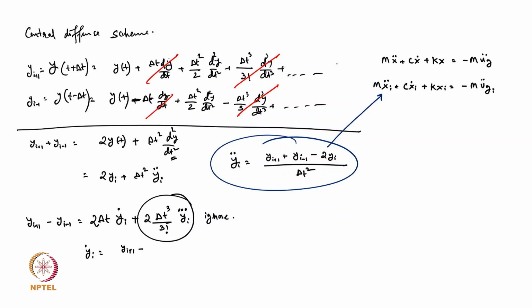Like here also, after that the terms will keep coming. In the first case, all the even terms will be there, and here all the odd terms will be there. So you have to truncate at a certain point and say I will not consider after that.